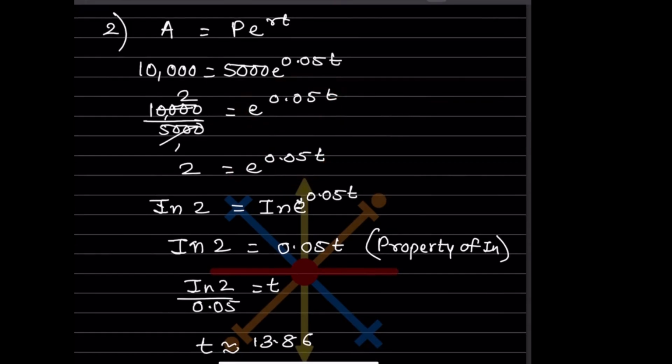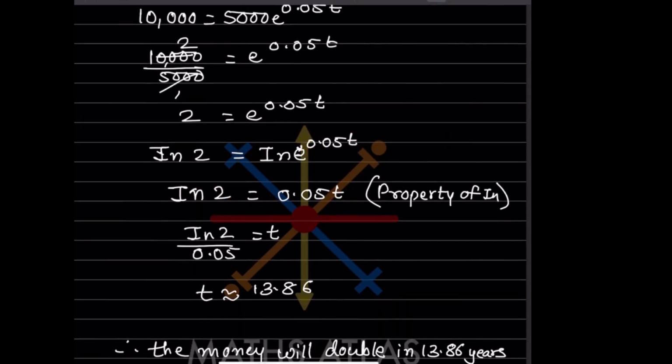So now what we'll do is put ln on both sides, that is the property of ln. So that is ln over here, and this for this as well. Now when you take this, it will go to this side, so that will be 0.05t. So now what will be here?